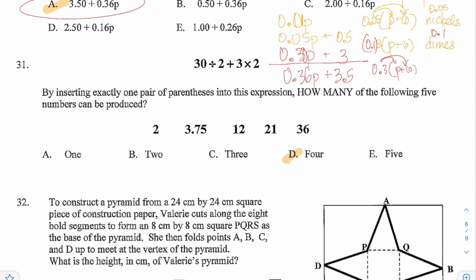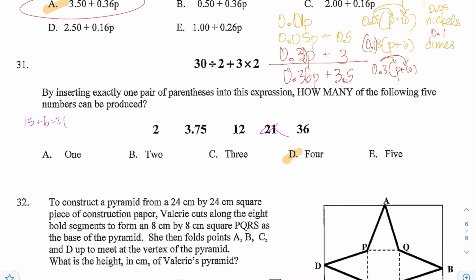Next for number 31, by inserting exactly 1 pair of parentheses into this expression, how many of the following 5 numbers can be produced? So you want to put parentheses somewhere to try to eliminate all the choices. So if you put parentheses in the first two, 30 divided by 2, that's just 15. And then you want to add 3 times 2, which is 6, and that's 21. So you made 21.